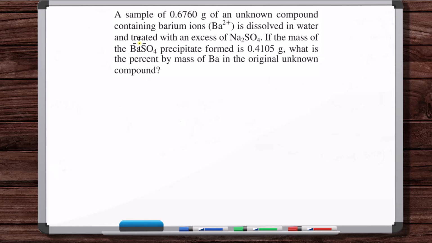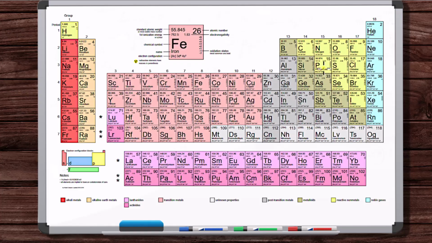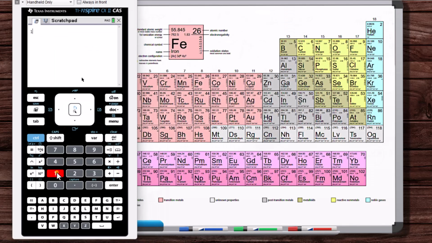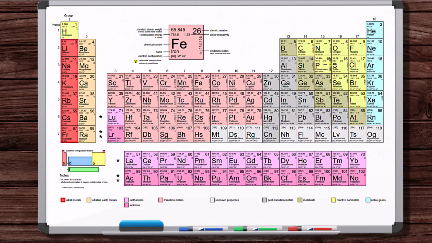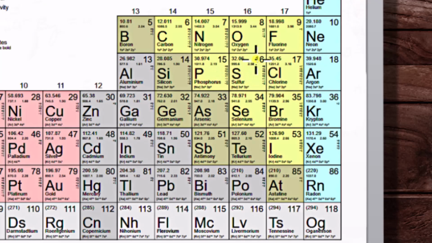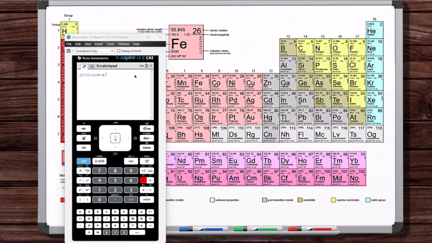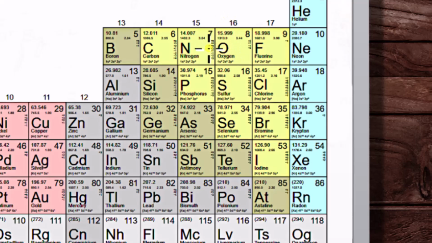To get the percent composition by mass, let's get the atomic weights of barium, sulfur, and oxygen. The atomic weight of barium is 137.33, plus the atomic weight of sulfur, which is 32.06, and then we have 4 oxygens, which have an atomic weight of 15.999.